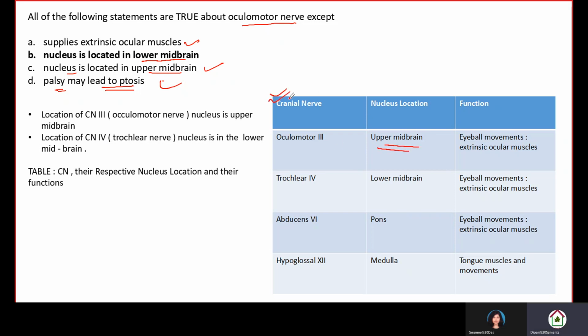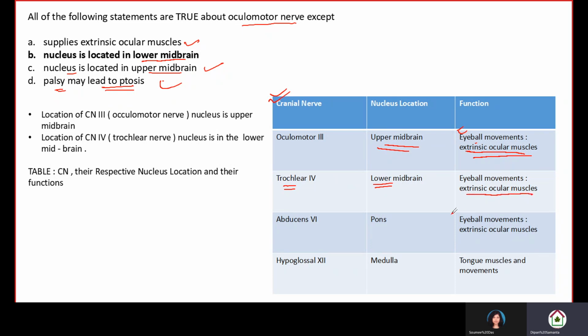This table summarizes the cranial nerves with their corresponding nucleus location and function. Oculomotor nerve, cranial nerve 3: its function is eyeball movement by supplying the extrinsic ocular muscles. The trochlear nerve, fourth nerve: its nucleus is located in the lower midbrain, with the same function.